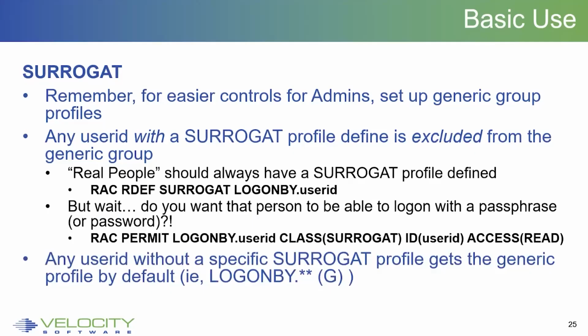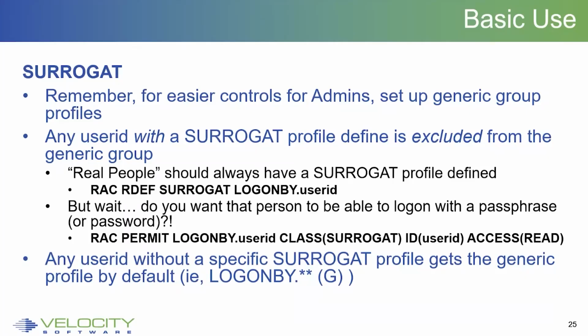So any user ID with a surrogate profile defined is excluded from the generic group. Now, what that means is if you have real people defined on your system, which you probably will, those real people user IDs should always have a surrogate profile defined.